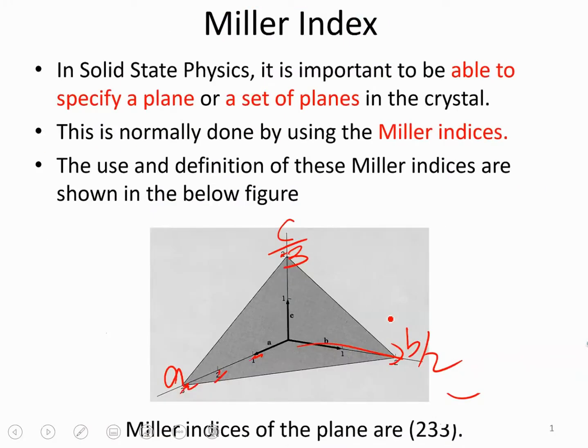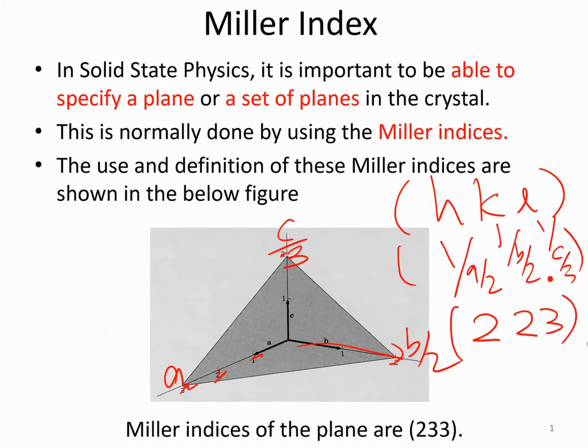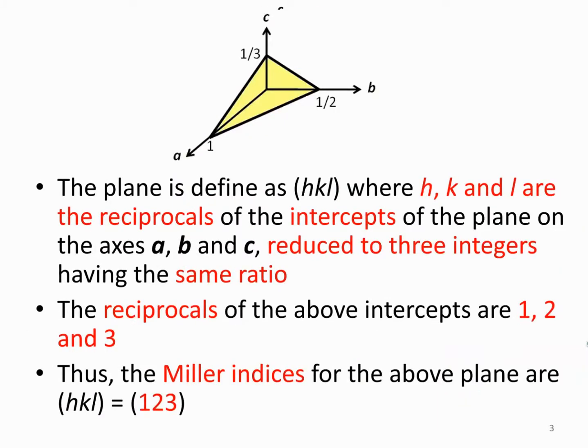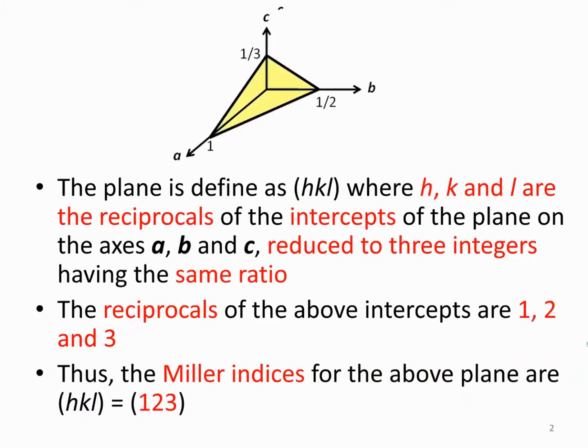Then you have to find the Miller indices. How? Bracket HKL, so 1 over A, 1 over B over 2, 1 over C over 3. Then we get 2, 2, 3.